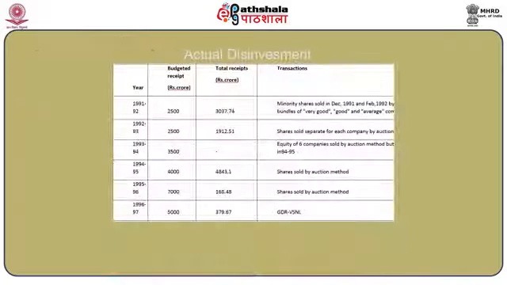The table shows the quantum of actual disinvestment in the public enterprises along with the methodology adopted during this period of economic liberalization. The targets and the budgetary receipts of these disinvestments are discussed in the table.